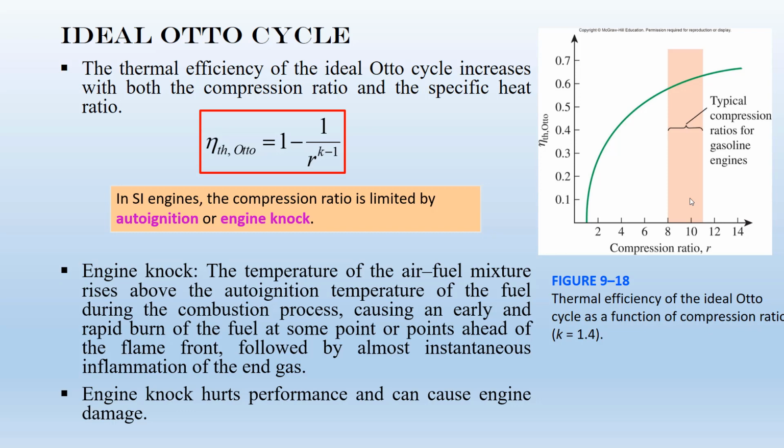Meaning that a part of the energy of the fuel is lost before we have the expansion step. Keep in your mind that W net is generated during the expansion, correct?